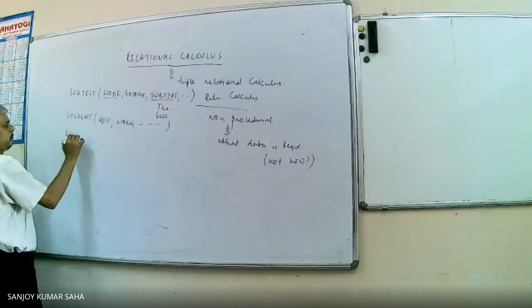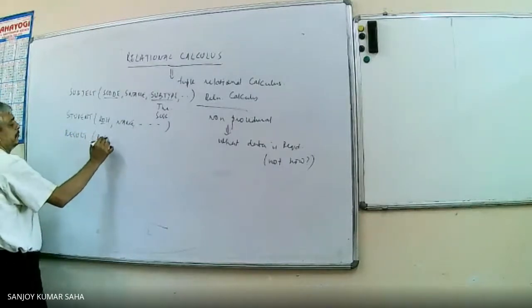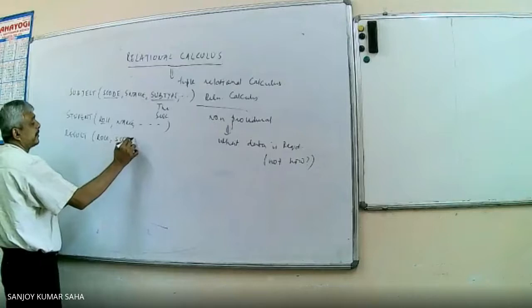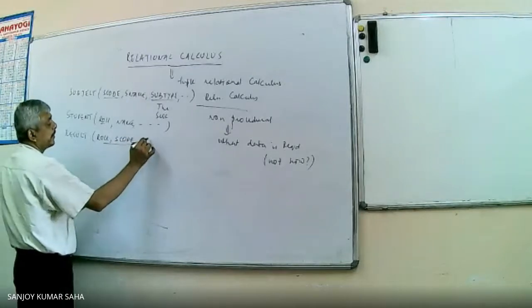Then say result, for every student, every subject. This is the primary key, we have the student.